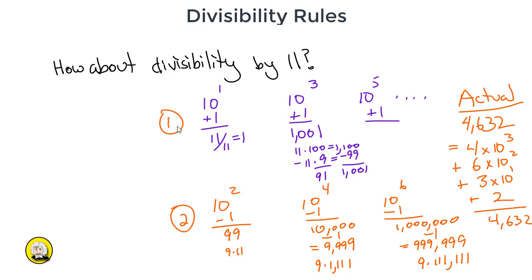That's the actual number. How about our guess? How are we going to use elements 1 and 2 to create our guess? Well, I'm going to do the following for my guess.